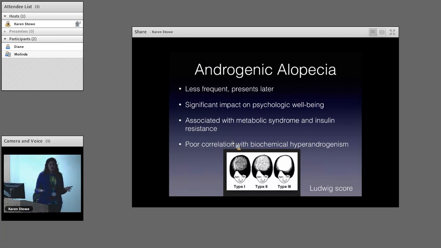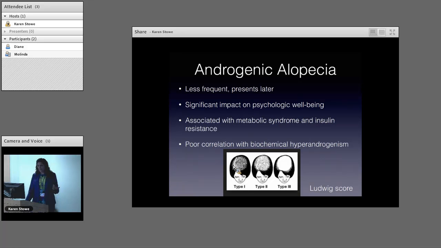Hirsutism is difficult to quantify, however. There's the modified Ferriman-Galloway score, in which you assess different areas of your patient and give them a score of 1 to 4. And if that adds up to greater than or equal to 6 to 8, then that's defined as clinical hyperandrogenism.